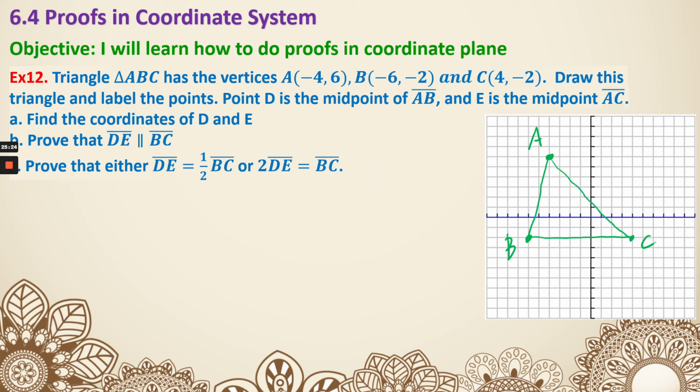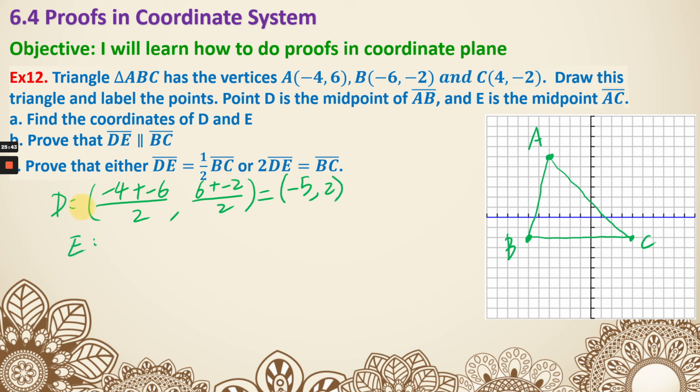I can actually find their midpoint first. So D is the midpoint of AB, which means -4 plus -6 over 2, 6 plus 2 over 2, is going to be -5, 4.